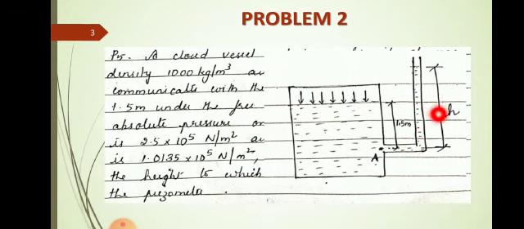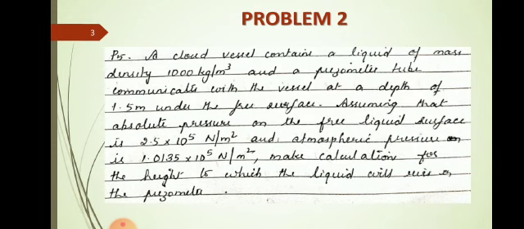Let that height be h. So how will you find out the pressure from that? Rho into g into this h will give you the pressure at point A. So we have an equation for finding out the pressure at A, but the pressure at A can also be found out using a piezometer in this manner.